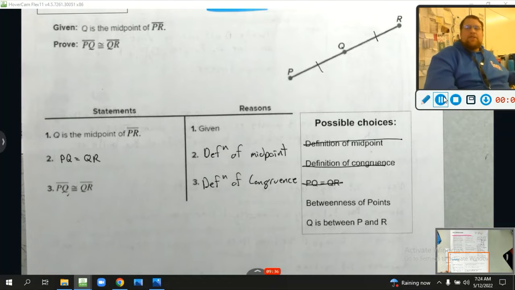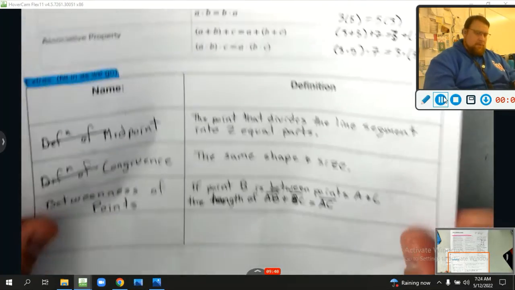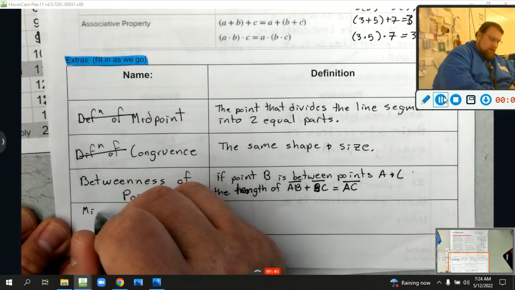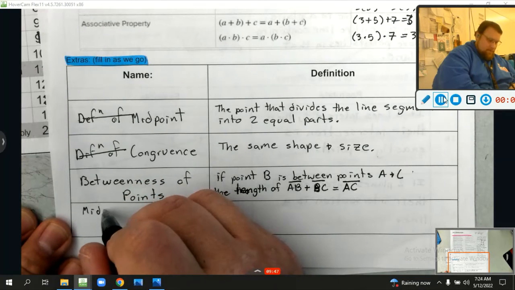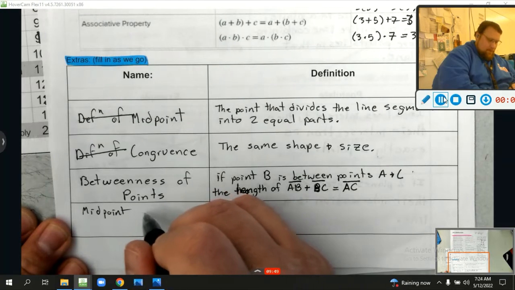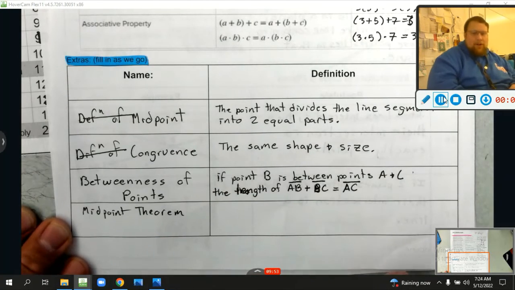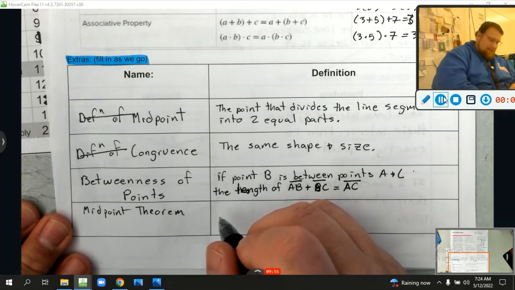But now that we've proved it, guess what? We have now just officially proved the midpoint theorem. And here's what the midpoint theorem says. Notice we have this extra box right here. The midpoint theorem says this.